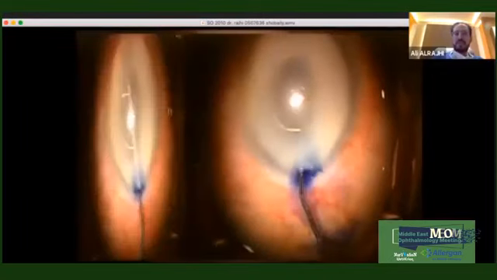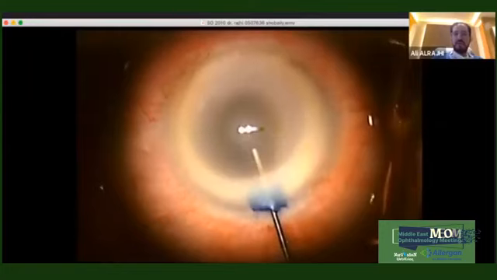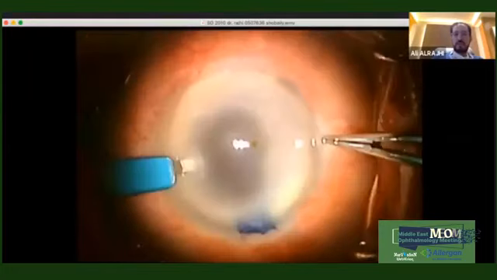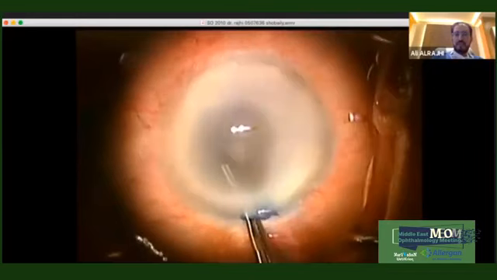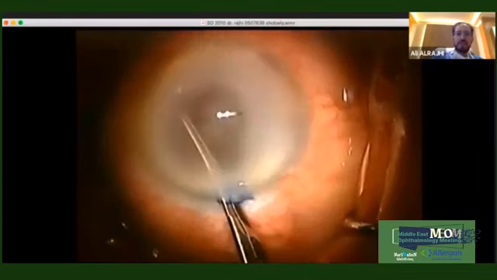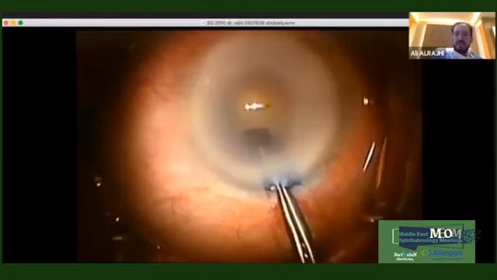With VisionBlue and viscoelastic substance to get the pupil dilated, you will notice that the capsulorhexis is much clearer after we started it. This was done successfully also.